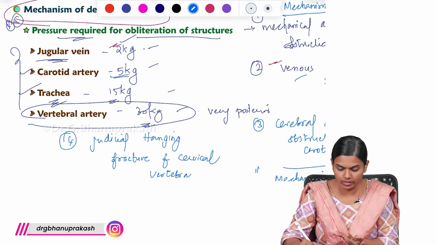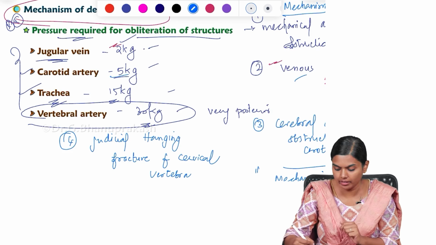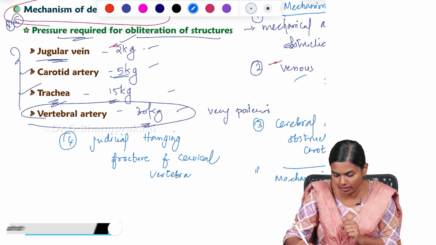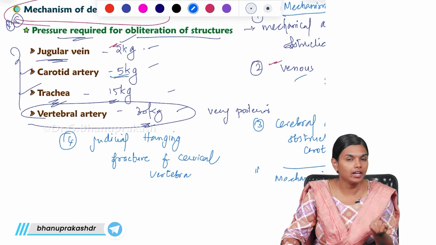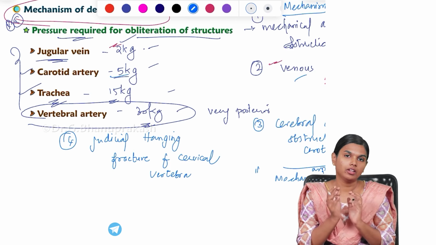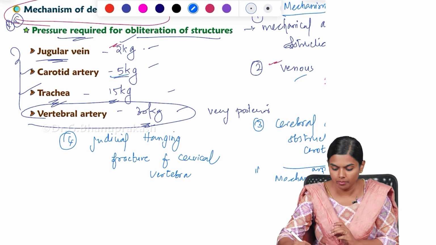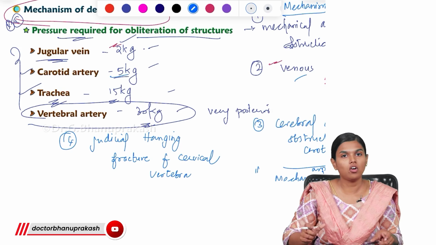When I say cause of death, it only means the condition, the disease. Here the condition or disease is hanging, and the mechanism of death is mechanical asphyxia. So mechanism is asphyxia, cause is hanging. Because of hanging, the person died by mechanical asphyxia. So mechanism is different, cause is different.